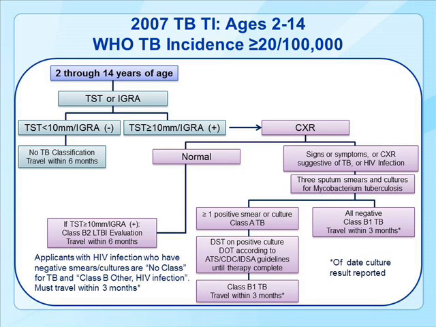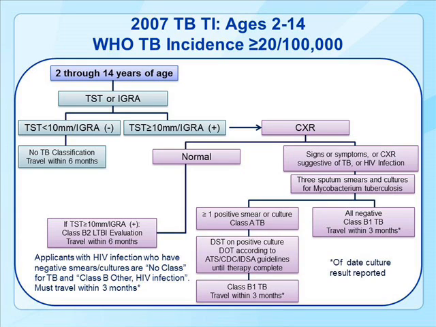If the patient had signs or symptoms, or the chest X-ray was abnormal in any way, or if they had HIV infection, then they would need to give 3 sputum smears and cultures, and if they were all negative, that would include the cultures, the patient would have a classification of class B1 TB and would be followed up and could travel within only a 3-month period.